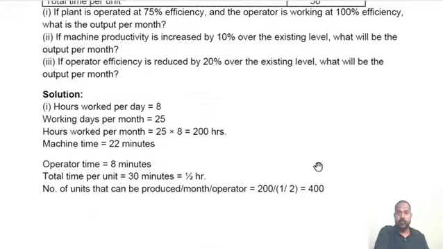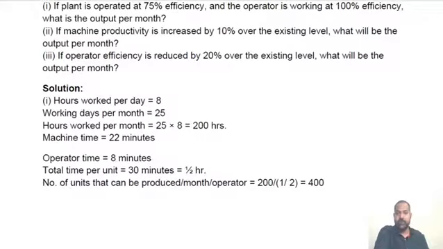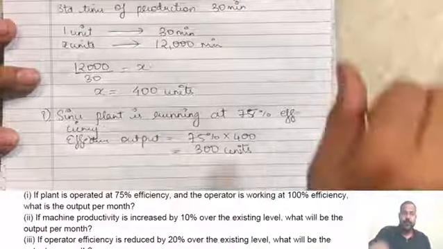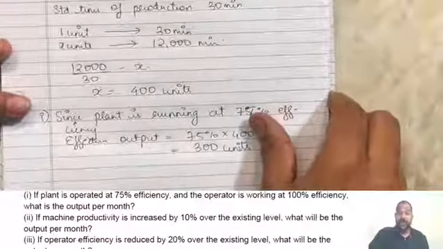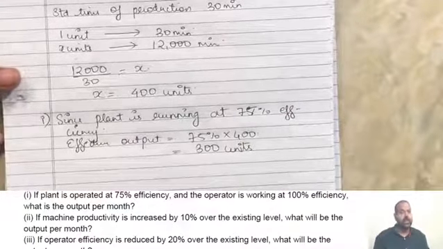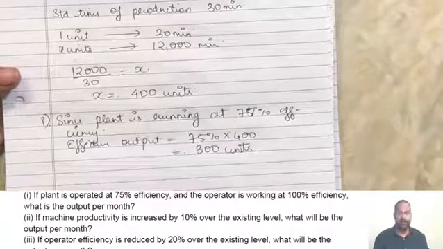Let's quickly come to the second part. What is the second part of the question? Well, it says that the machine productivity is increased by 10%. What do you mean by machine productivity is increased by 10%?